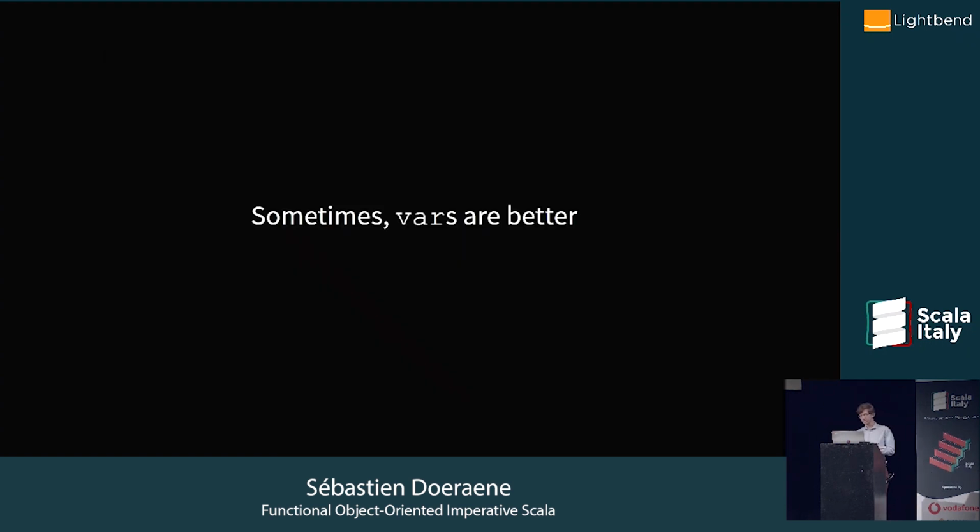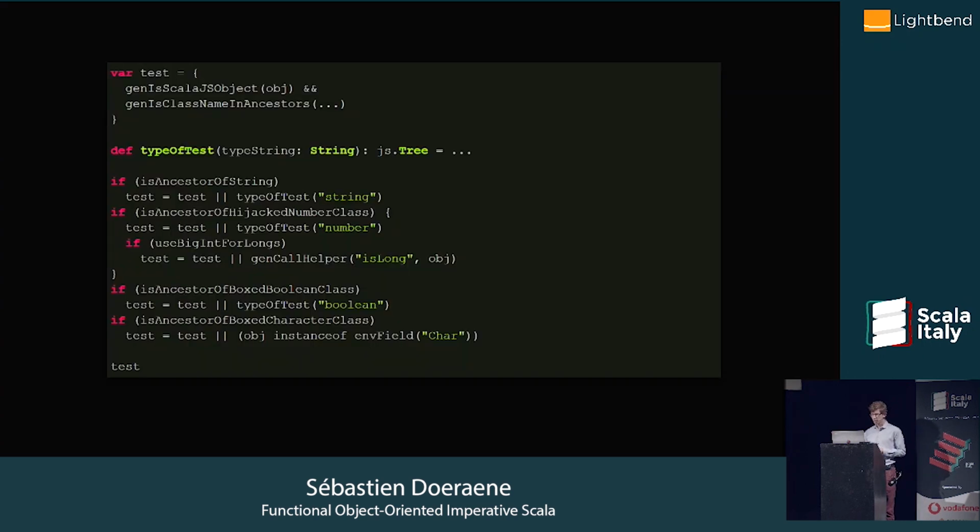Okay, we've seen builders, which are mutable data structures. We also have vars, which are mutable local variables. So let's look at this other example, which generates appropriate type tests as a JavaScript AST to determine whether a particular expression or value is of a certain type.